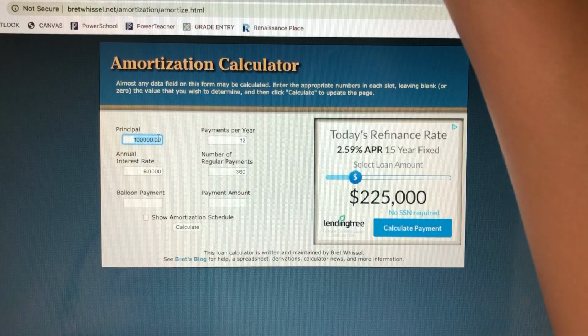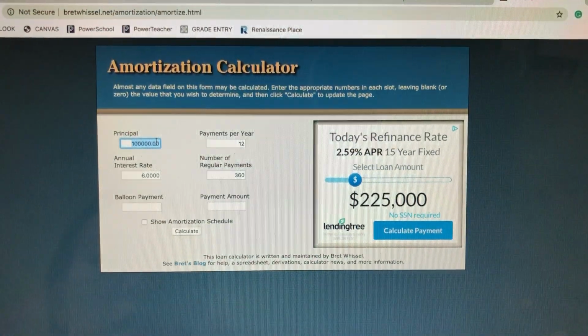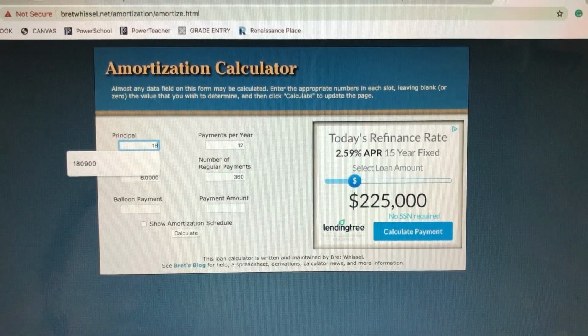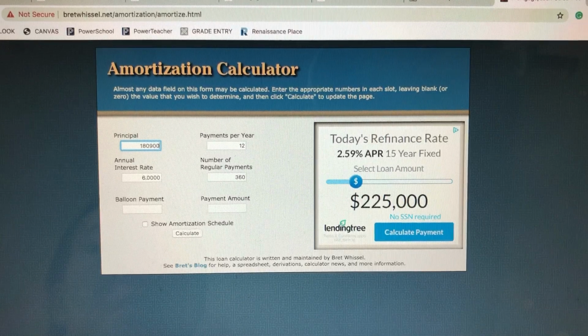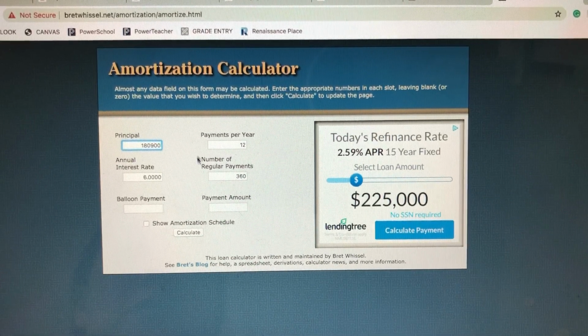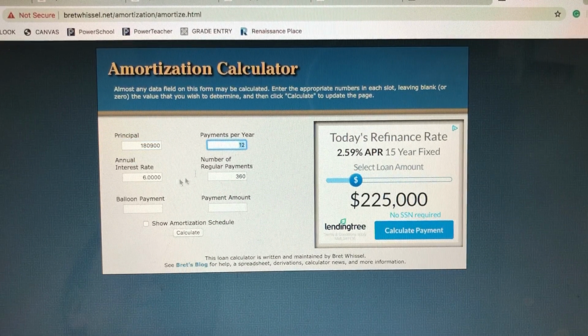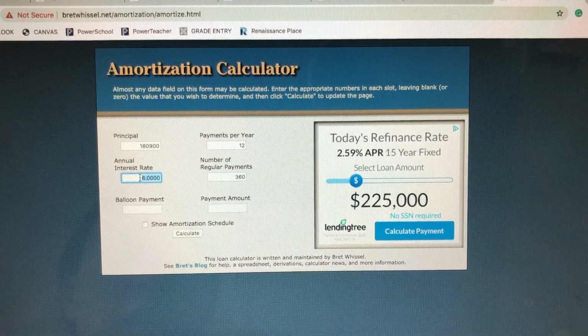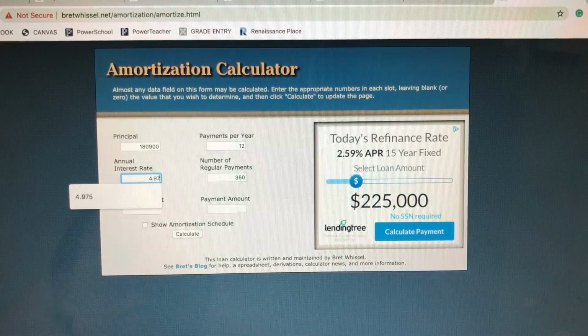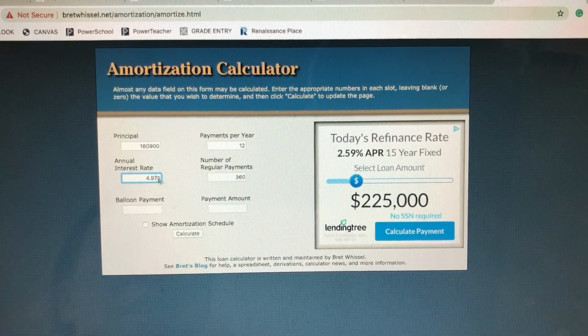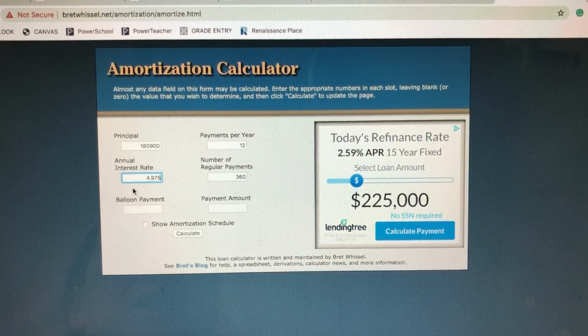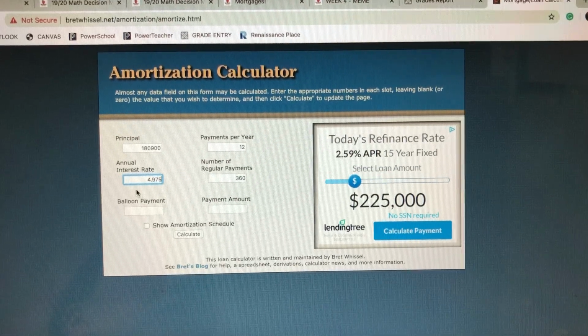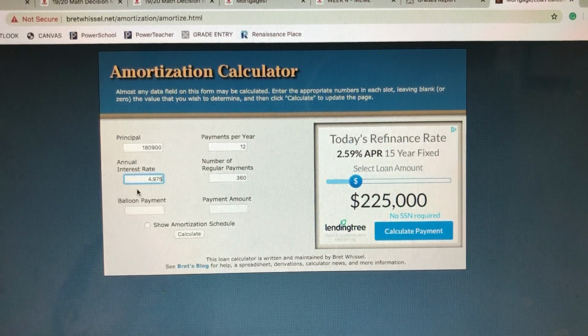And if I look back at that first page of the worksheet, it was for $180,900. There's 12 payments per year. The annual interest rate, I'm going to put 4.975. I'm going to leave it in the interest percentage form because I noticed that in the example they gave it was 6.0, which is in the normal percent form.